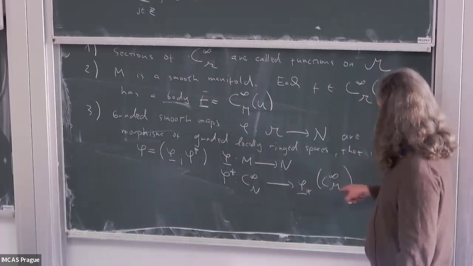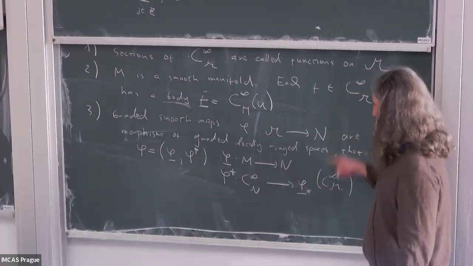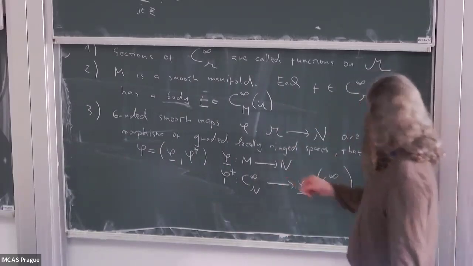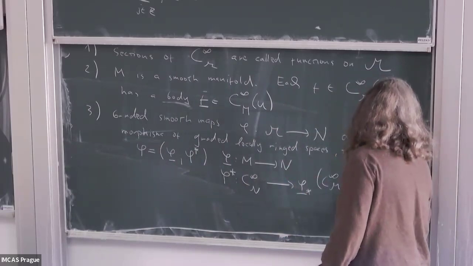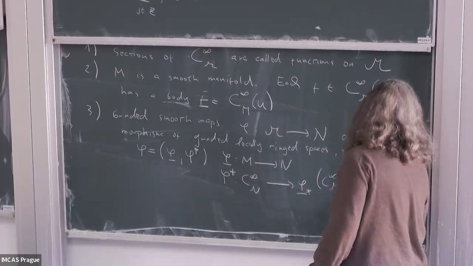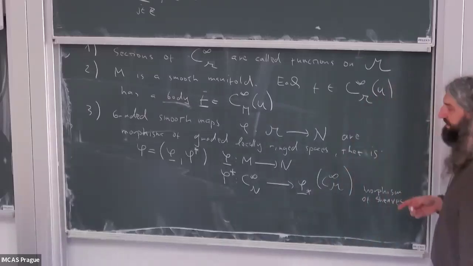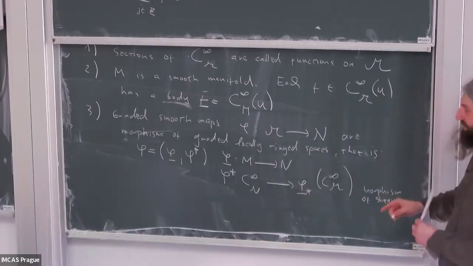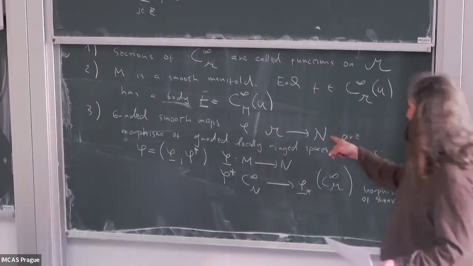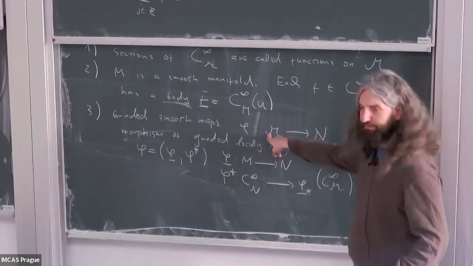So you make them into sheaves over N. And this is a morphism of sheaves of algebras. So basically you can use graded smooth maps to pull back functions from the second graded manifold to the first one.